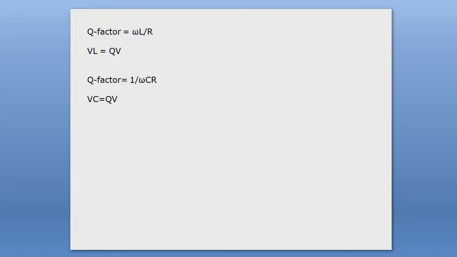So it's also related to half power bandwidth. We have seen that half power bandwidth changes with the value of resistance, and quality factor is also changing with the value of resistance. Therefore there is an interrelation between quality factor, resonant frequency, and half power bandwidth.